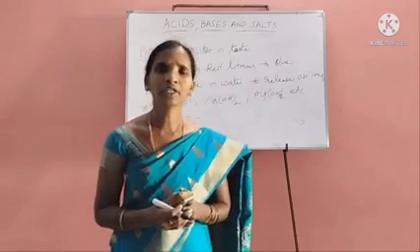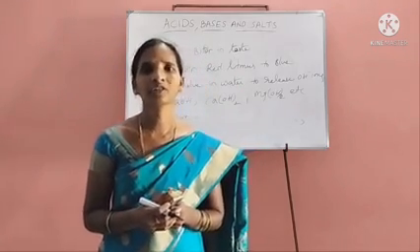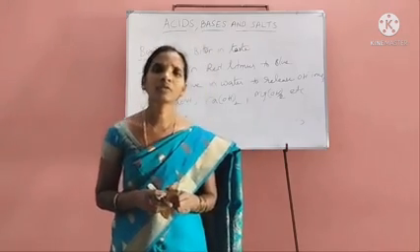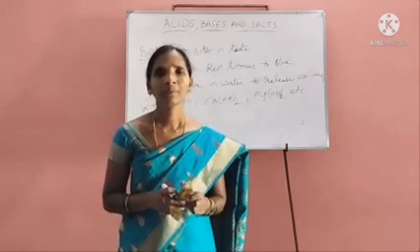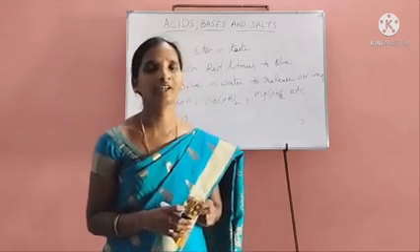There are many types of indicators. Some common types are natural indicators. Natural indicators we can use in the laboratory are litmus papers, turmeric solution, red cabbage, etc.